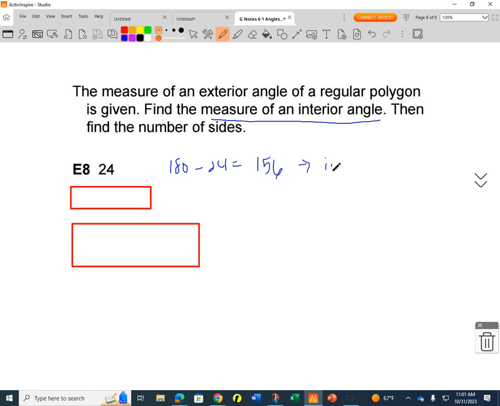That is the interior angle. If we want to find the number of sides, the number of sides equals 360 divided by the exterior angle. And that equals 15. So n is 15, that means there are 15 sides.